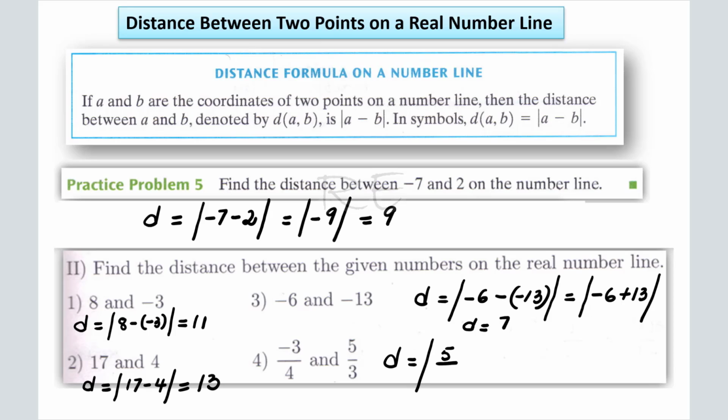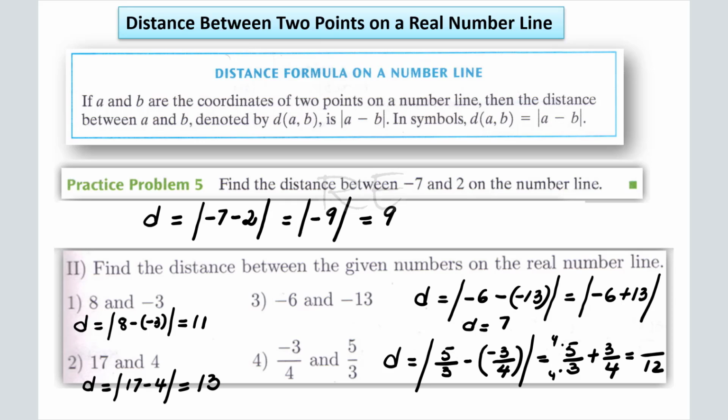The distance will be 5/3 minus -3/4, which is really 5/3 plus 3/4. We don't need the absolute value because the sum is positive.